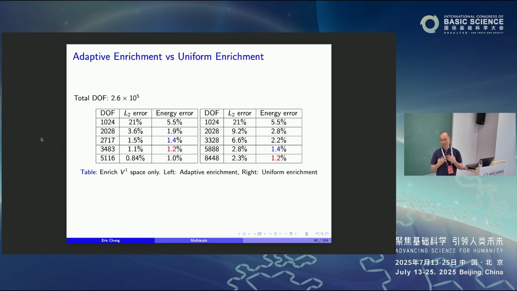We just add bases uniformly in the whole domain. So we also see improvement. For example, for the same 1.4% energy error, if you do the adaptive scheme, you need about 3,000 unknowns. But on the other hand, if you don't use adaptivity, you will need more unknowns, which is about 6,000 unknowns.